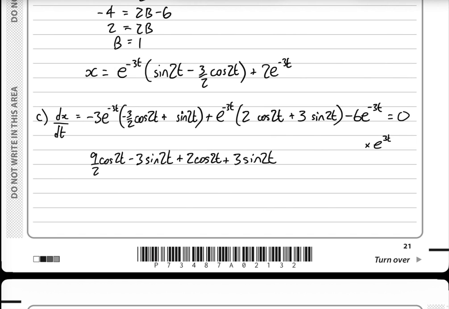That's good. We didn't really want sines and cosines here. Minus 6 equals 0. So that's 13 over 2 cosine 2t is equal to 6. 12 over 13 cosine 2t.